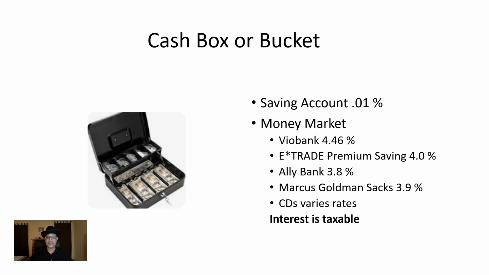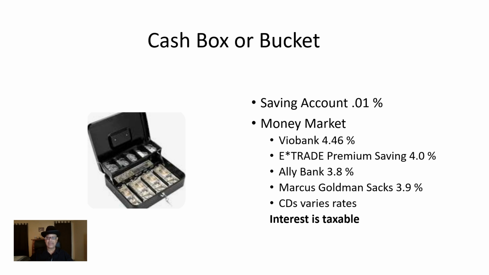Next, we move into our money markets, and in some cases these are termed high yield savings accounts, but they still fall under the money market. There are restrictions on how many withdrawals you can make from these accounts within a month, and the ones that pay the highest interest are the online banks.